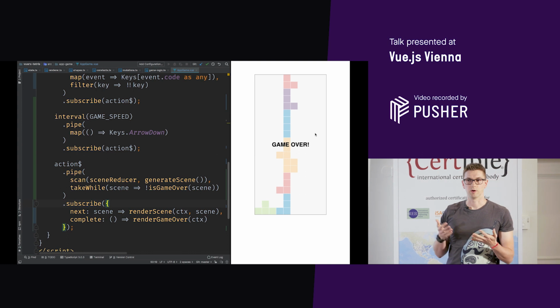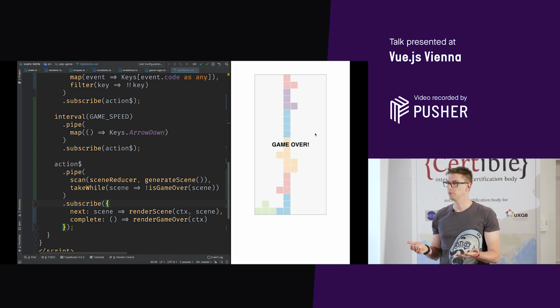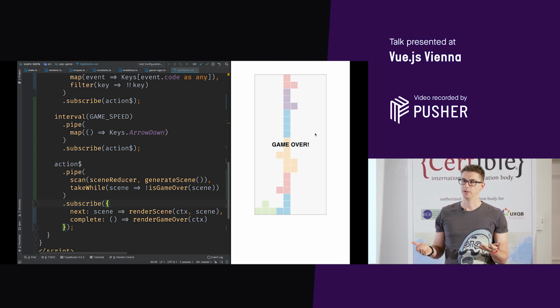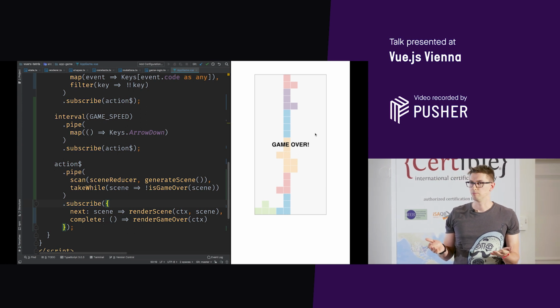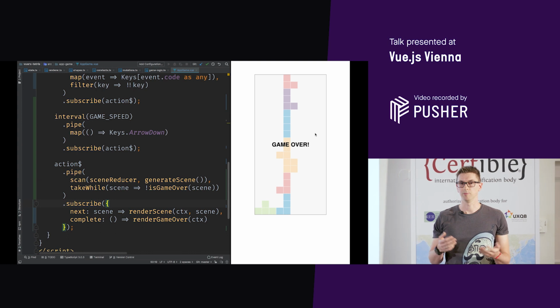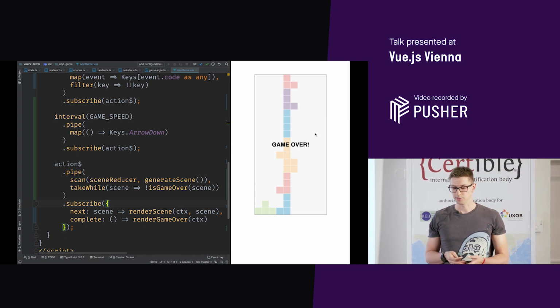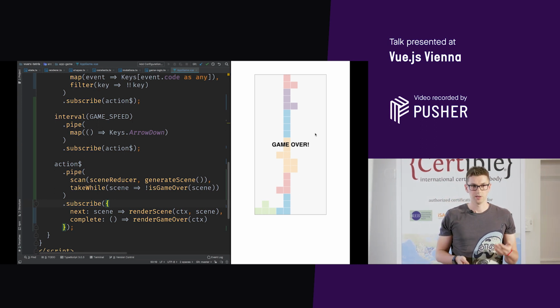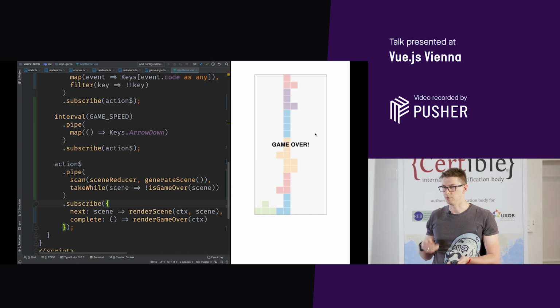And as you probably know, when you subscribe to some events, you might potentially end up with a bunch of subscriptions or listeners lying around filling up your memory. So what you want to do is, when the game is over, or when you close the component or leave the page, you want to get rid of this subscription. You don't want this to be hanging around in your memory and still listening to the key press events and this interval timer still running.